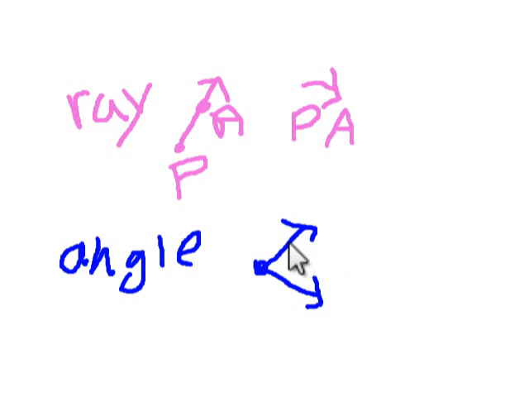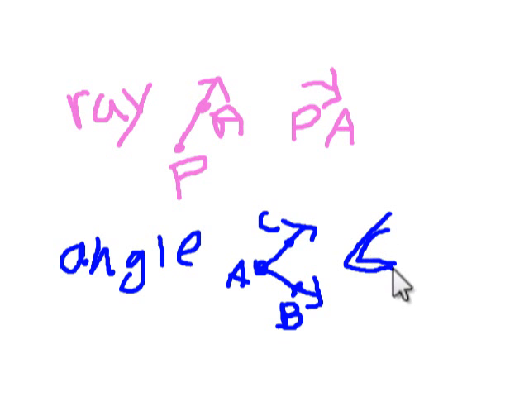I would label my angle using the 3 points, C, A, and B. So the vertex, the point where the two rays are joined at the endpoint, and then 1 point on each ray. And I would call this angle. This angle symbol looks sort of like a less than sign.